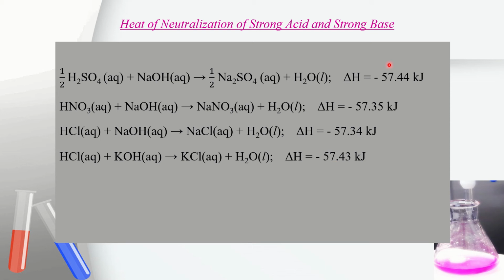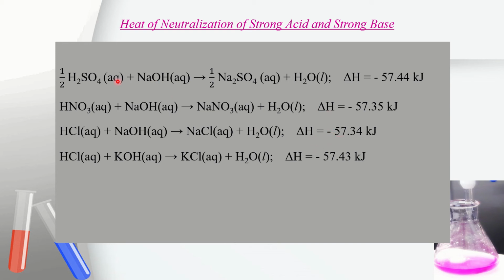Now look there. Is this not interesting? Here all the reactions have almost equal heat change. That means heat of neutralization of these reactions is almost equal. How did this happen?